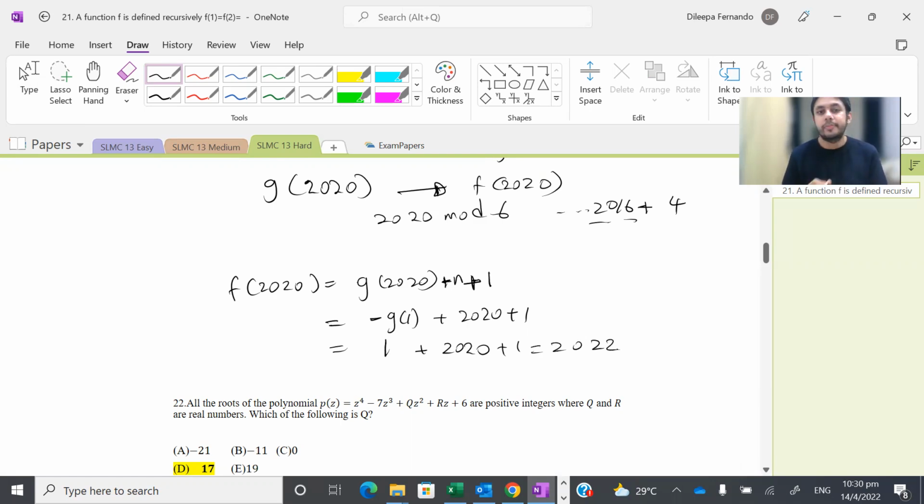Even though it took time for me to explain, when you observe this, it's just a matter of a few seconds. Sorry, a few minutes. But something to be noted is these are hard questions, and if you try this and select the wrong answer, you will get 0 marks. These are tricky questions, so you may miss some boundary case and lose all the marks for your effort. So the best way is to verify your answer, be very confident about it, and then choose that answer.